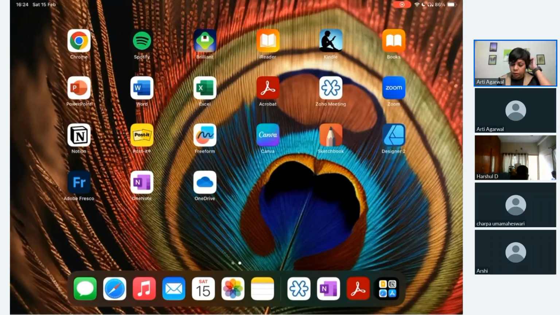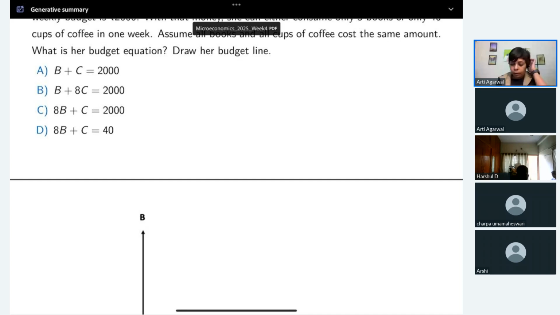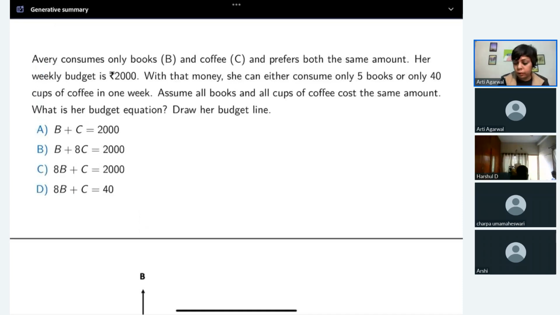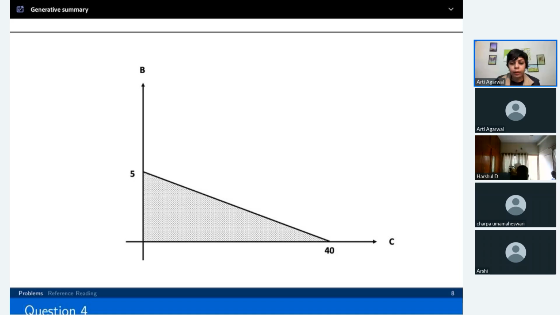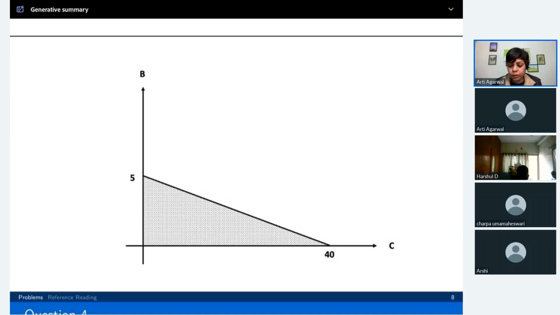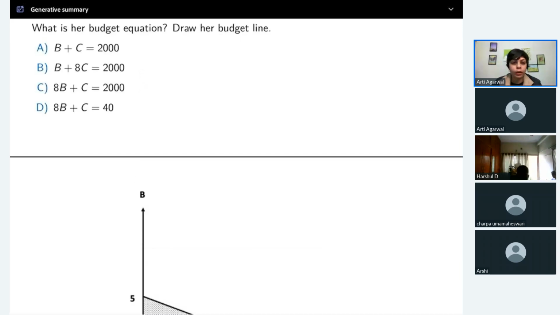Let me go back to the question. So the correct answer is D here. Next, we draw this. I didn't draw it, but this is the simple diagram for it. You can just take the intercepts based on this equation now, right? We have this equation, 8b plus c is equal to 40.